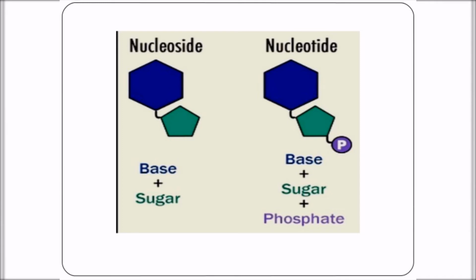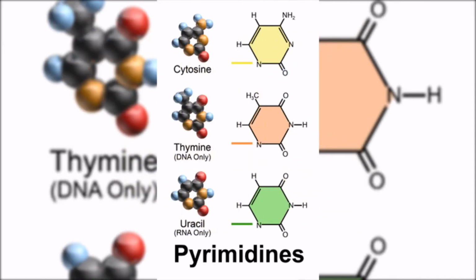In nucleic acids, there are 3 major components: the pentose sugar, deoxyribose in DNA and ribose in RNA; the phosphoric acid; and nitrogen bases, which may be purines or pyrimidines.